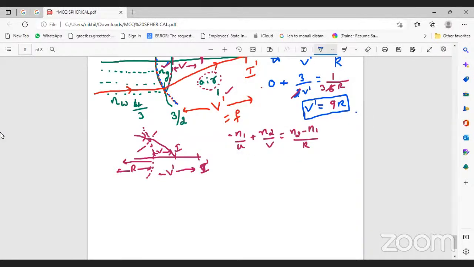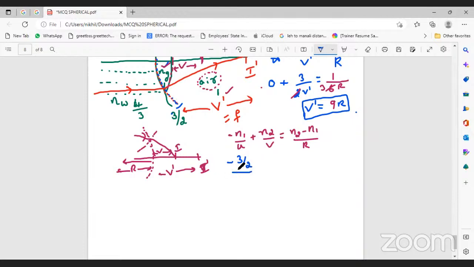N1 is the object medium, right? For the second case, the object is glass. What is the refractive index of the glass? 3/2.